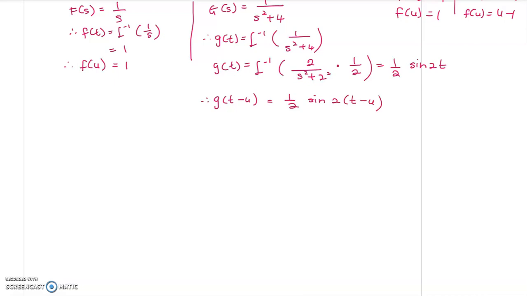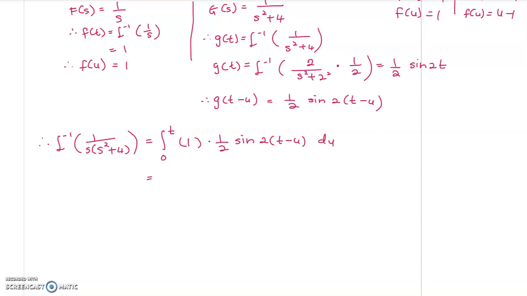So, putting things together, by the convolution theorem, the inverse of 1 over s(s squared plus 4) equals the integral from 0 to t of f(u), which is 1, times g(t minus u), which is 1 over 2 sine 2(t minus u), du.